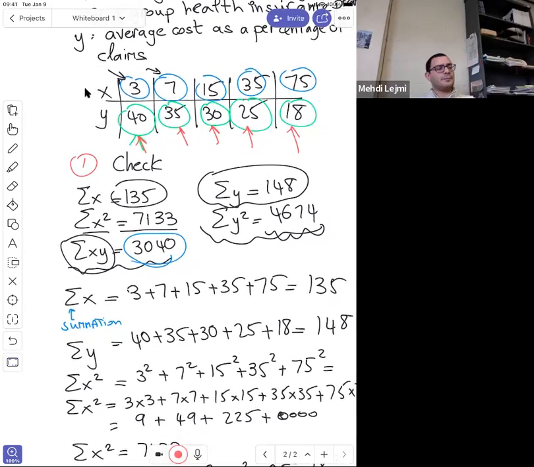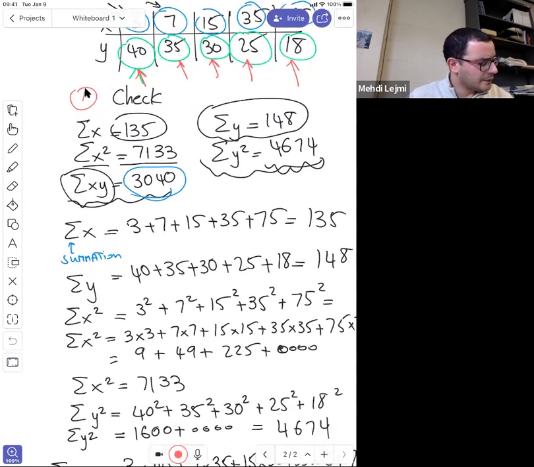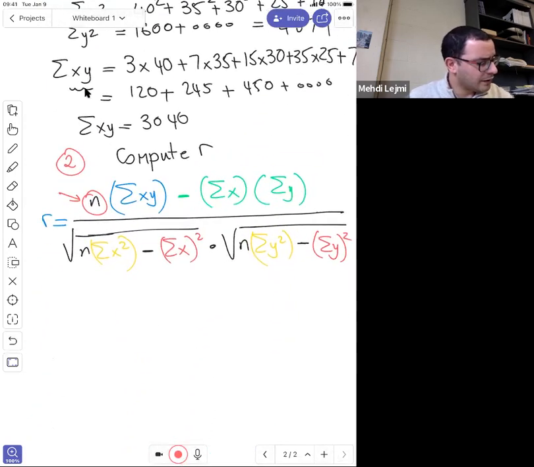Yes, absolutely, that's a good point. The n depends on the sample, on the problem, on the exercise. Yesterday we had an example with the earthquake, the magnitude and the depth, and there n was probably 7 or so. Here in this example, n is 5.